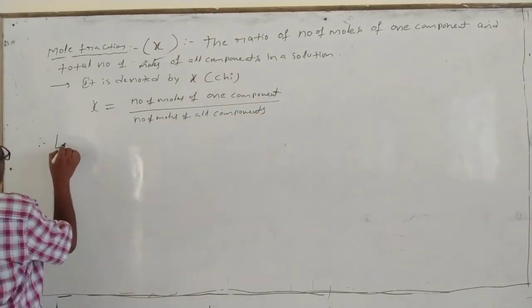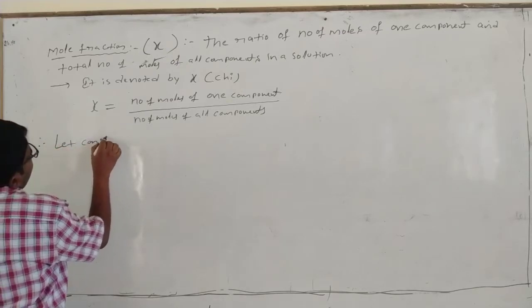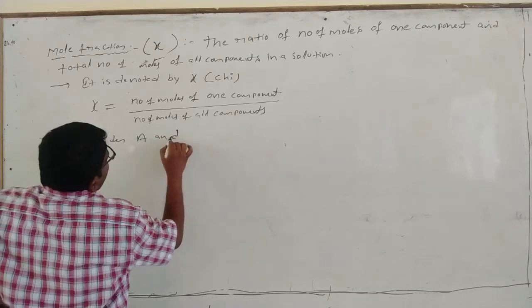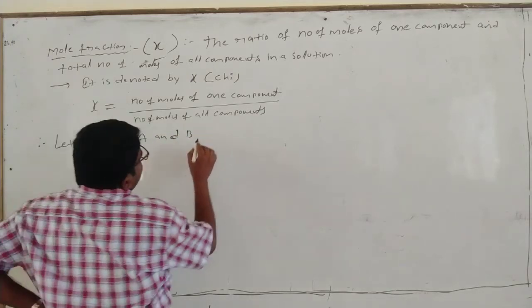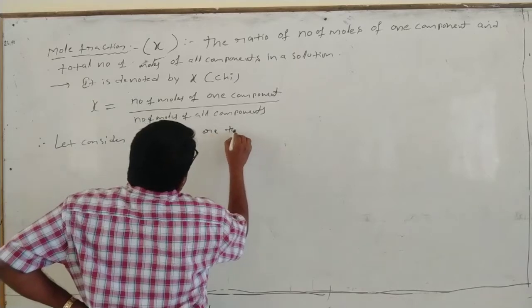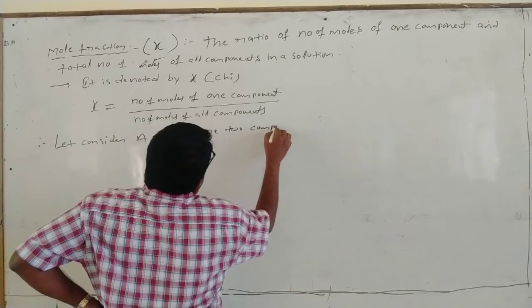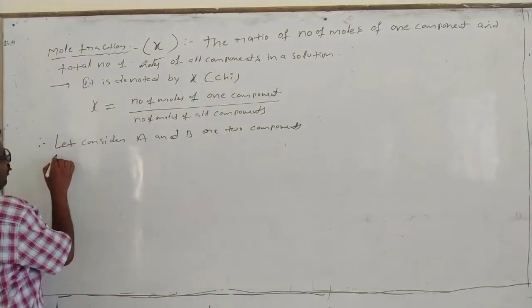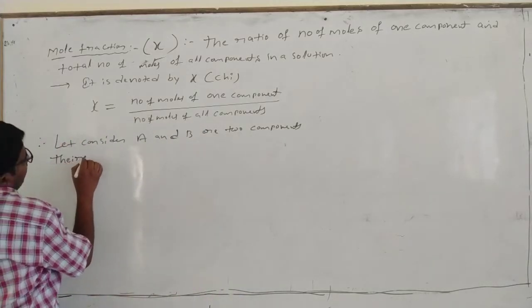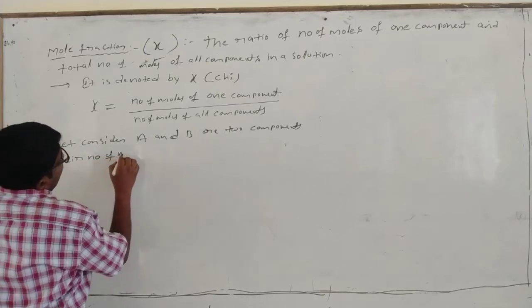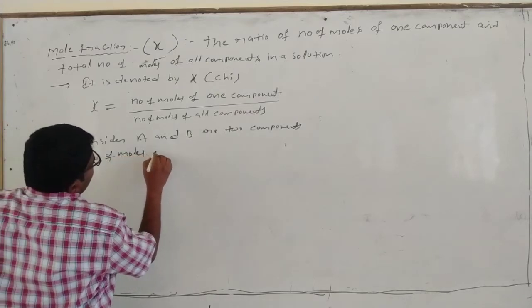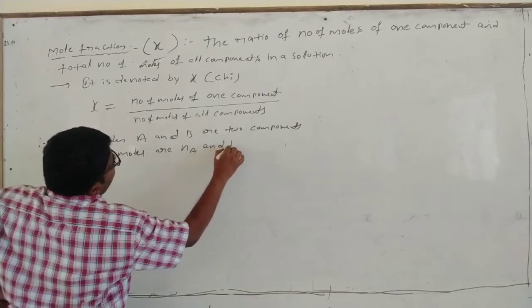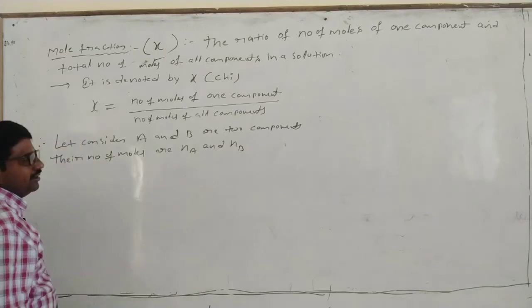For example, let's consider A and B are two components. Their number of moles are Na and Nb.